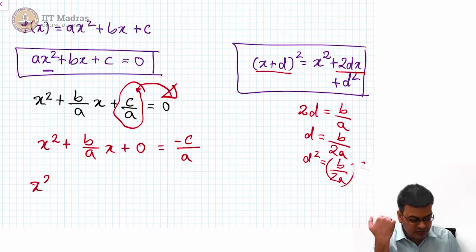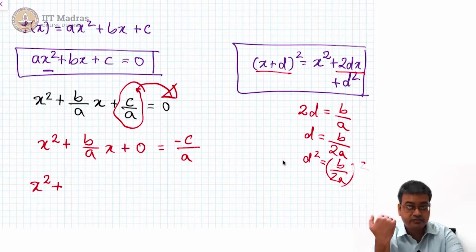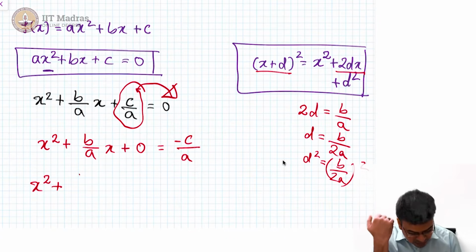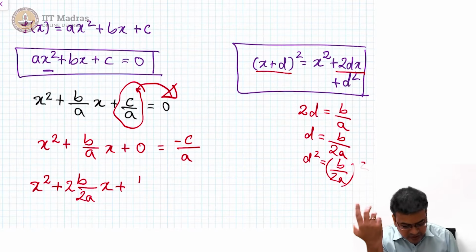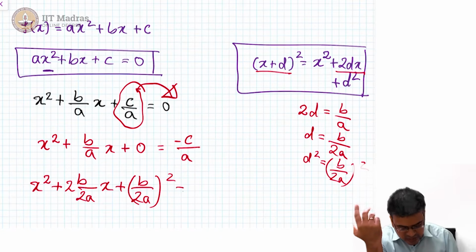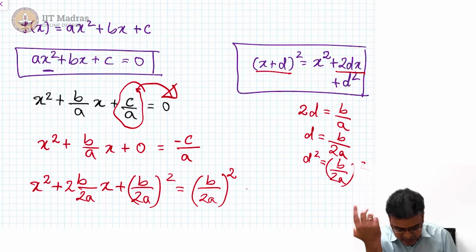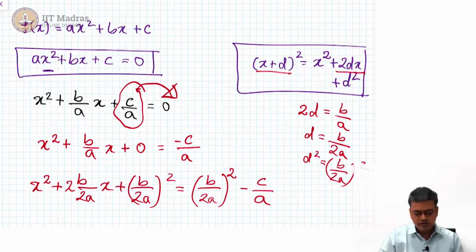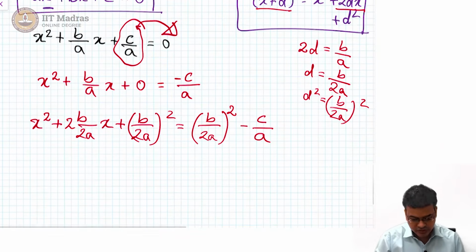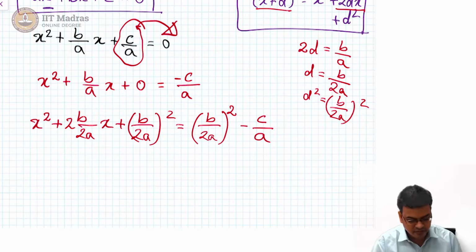So simply use that logic: x square plus (b by a)x plus (b by 2a) the whole square is equal to (b by 2a) the whole square. Because I have added this term on the left, I will add the same term on the right, minus c by a. Fine. So this is what the method of completing the squares is.